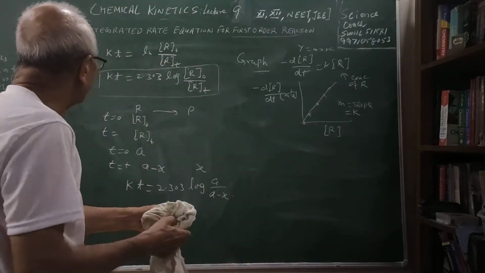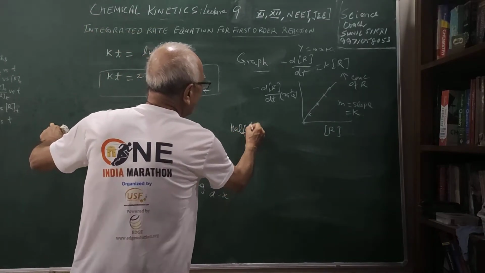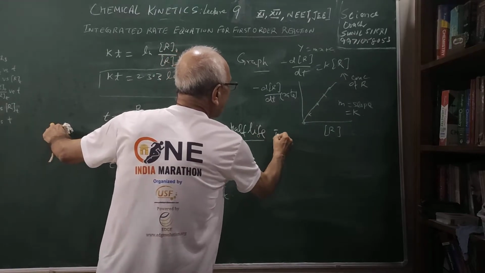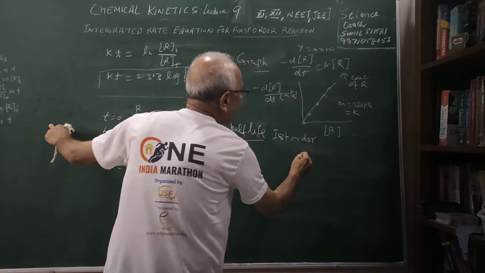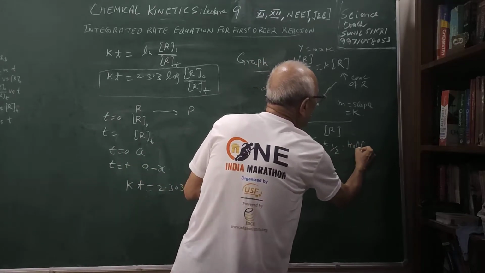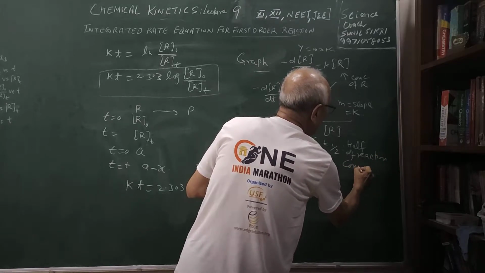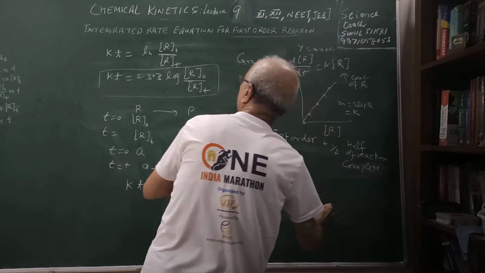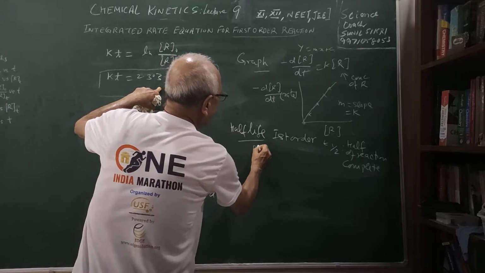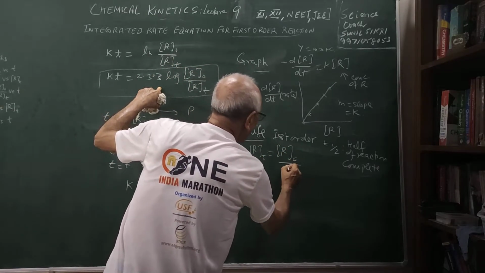Furthermore, let us see some important things which we want to derive. Let us see what is the half-life of a first order reaction. Half-life, we already told you, is the time for half of the reaction to complete. That means in this equation RT will become equal to R0 by 2.